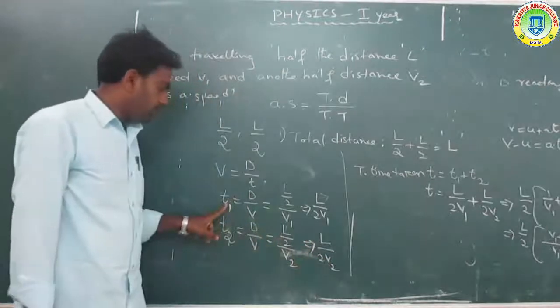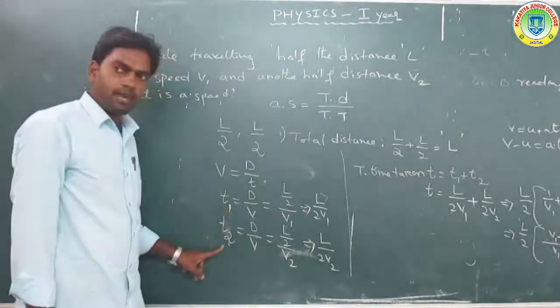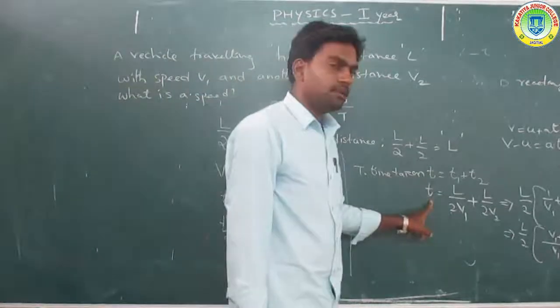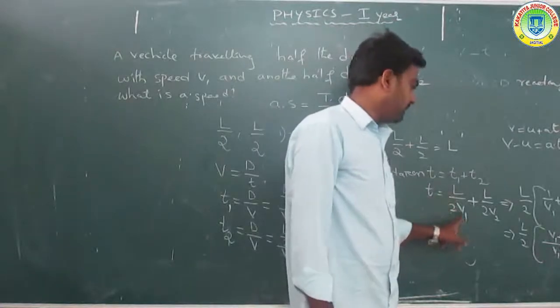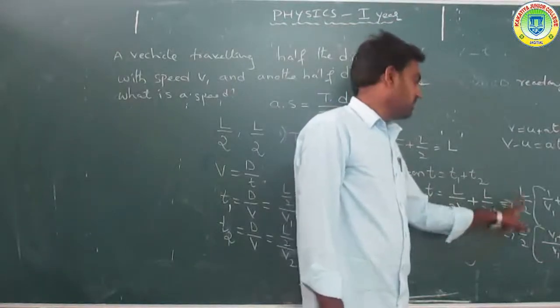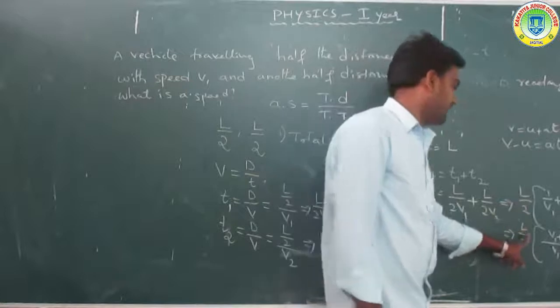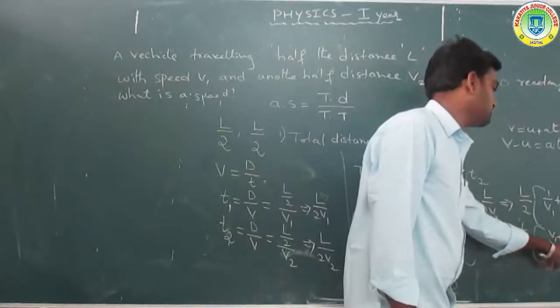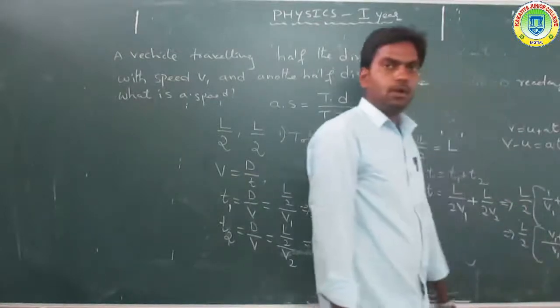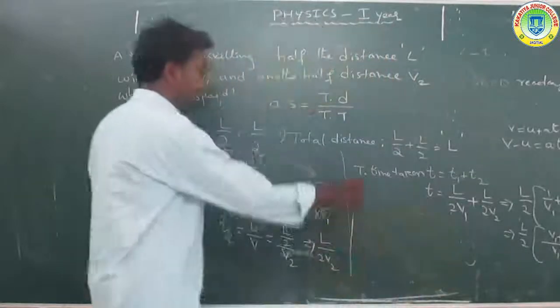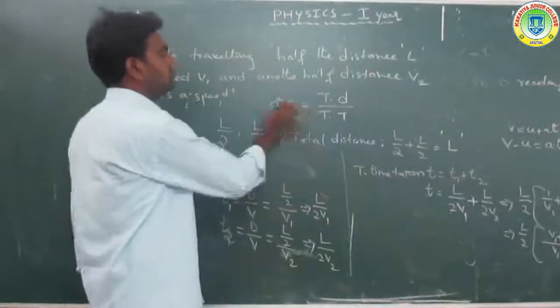So T equals L by 2v1 plus L by 2v2, and the final expression is L by 2 into v1 plus v2 by v1 v2. These two equations are substituted in the formula.